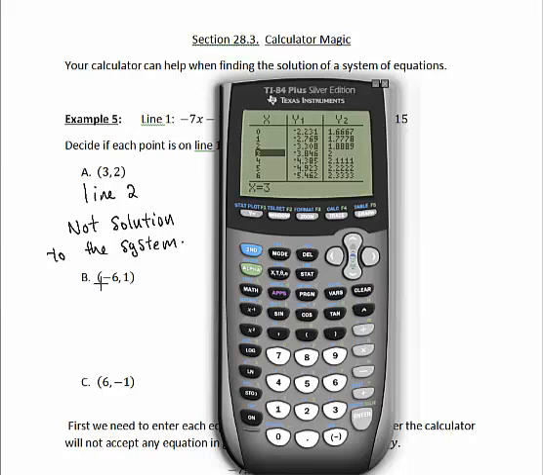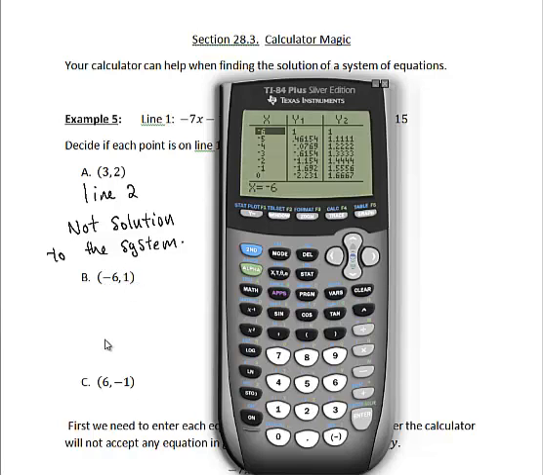What about our next one, negative 6, 1? We go up for negative 6 in our x column, and we go over and look at the y coordinates, and they match. And they are the y coordinate that we were given for this ordered pair.